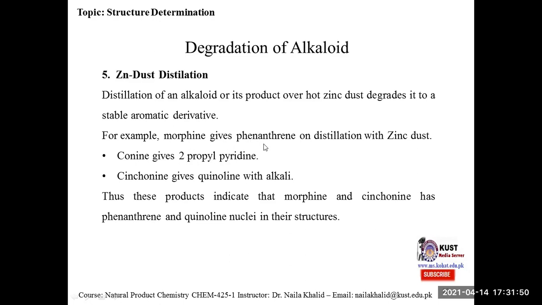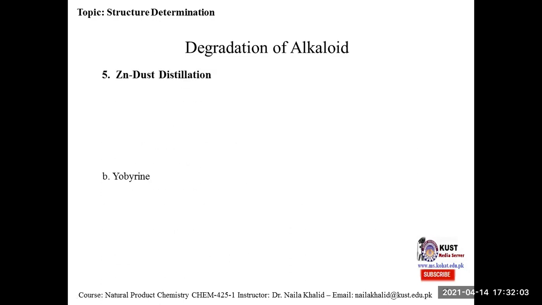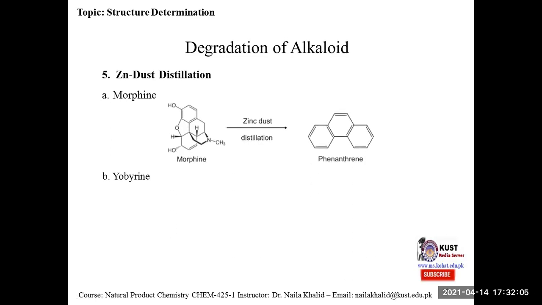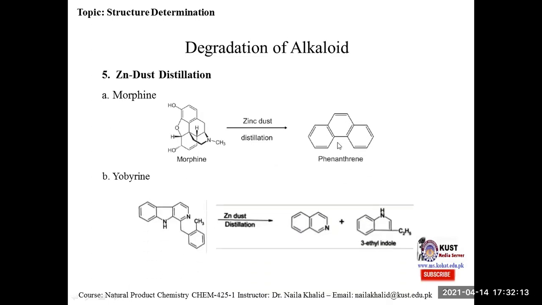Morphine has a phenanthrene type of nucleus. So these identifiable products indicate their origin. Another example is morphine. If zinc dust distillation takes place, this is phenanthrene, the degradation product.